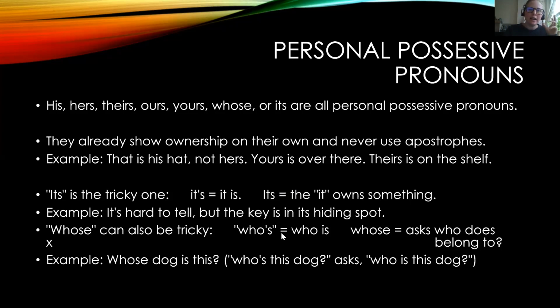And that doesn't sound as correct to me because "the key is in it is." I already have an "is" here that is telling me the physical state of the key, right? The key is in the hiding spot that belongs to the key. So that can be a little tricky one, but I'm sure with practice, you'll be great.